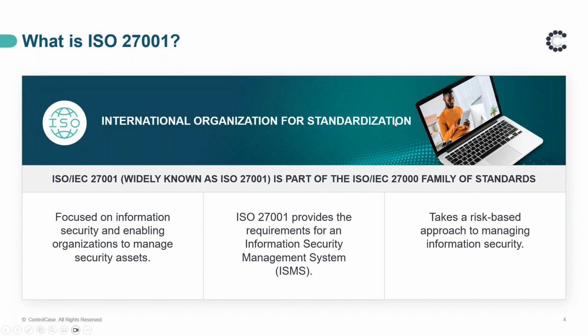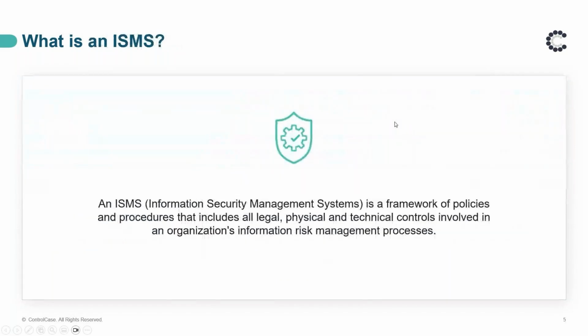Now that we've said ISMS for so long, I just want to quickly give you an overview of what an ISMS is. An ISMS is a systematic approach to manage sensitive information that your company has so that it's secure, right? It includes people, processes, and even IT systems by applying a risk management process.